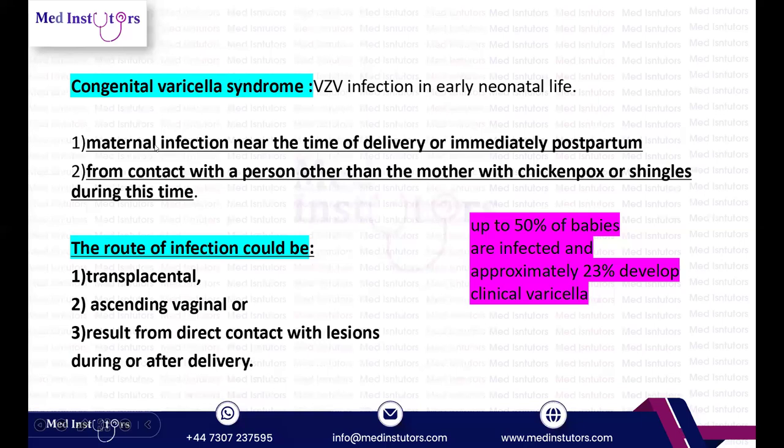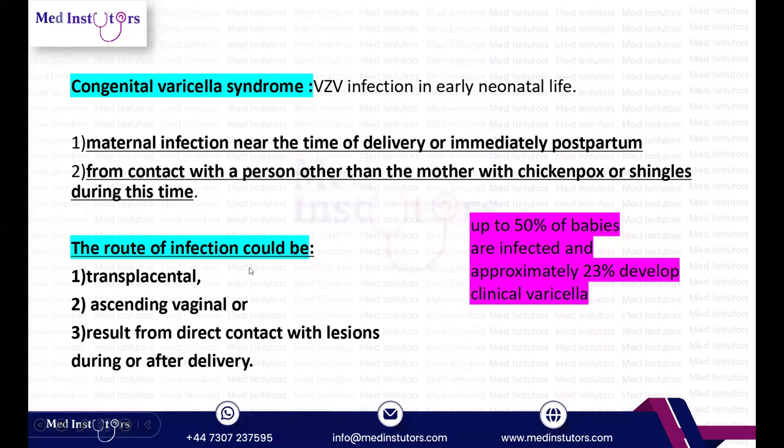And it could be by any of the ways. It could be if the maternal infection is near the time of delivery or immediately postpartum, or even from contact with a person other than the mother with chickenpox or shingles during this period. See, that is why we were telling other people to avoid contact with susceptible people. So it's not only the pregnant women, but also the newborn babies. Very important slide.